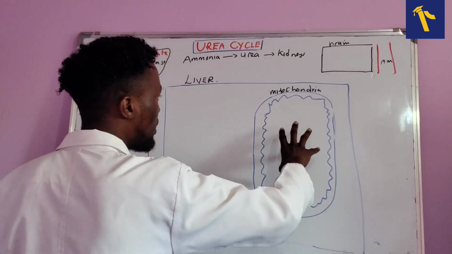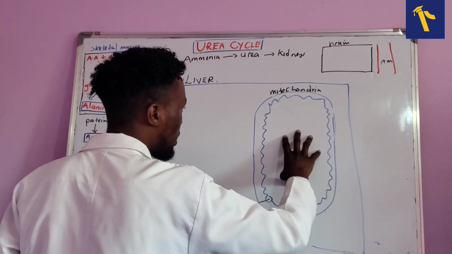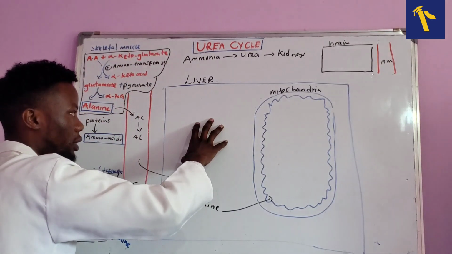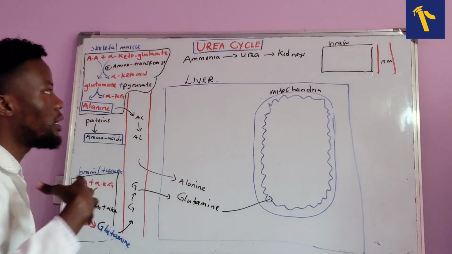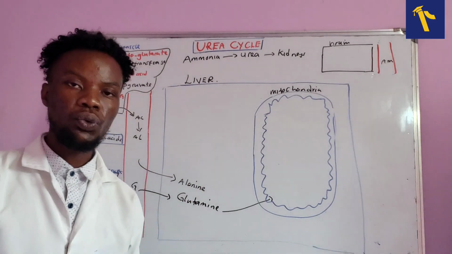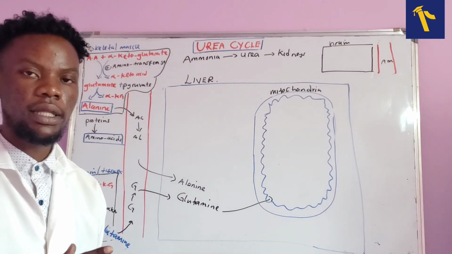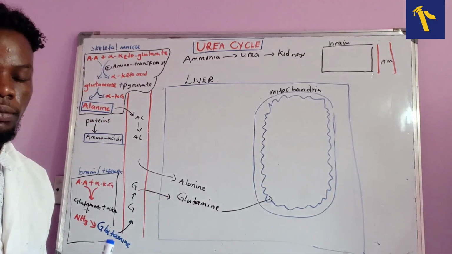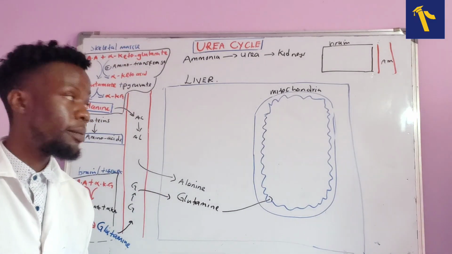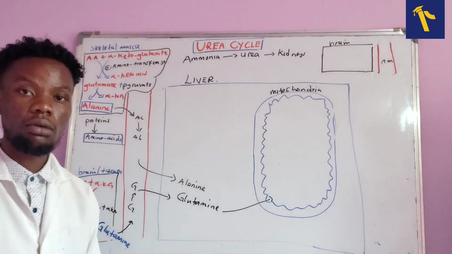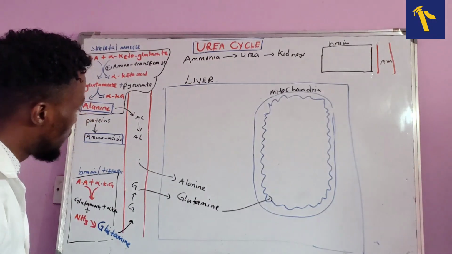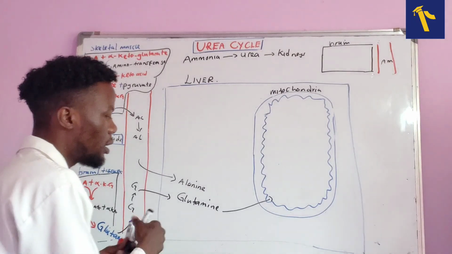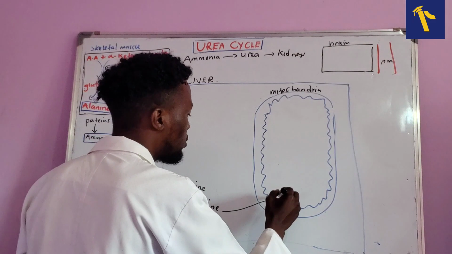It has the mitochondria, which is crucial in the urea cycle, and it has the cytoplasm. Because if you look at the urea cycle, it's going to have two important parts. There are some processes that will happen in the cytoplasm, and there are some processes that will happen in the mitochondria.